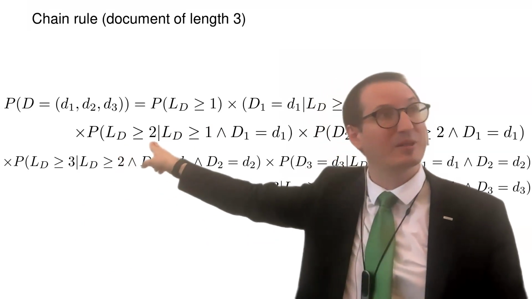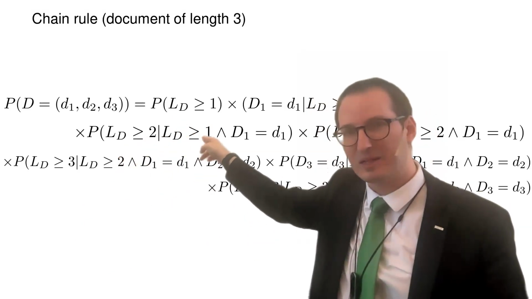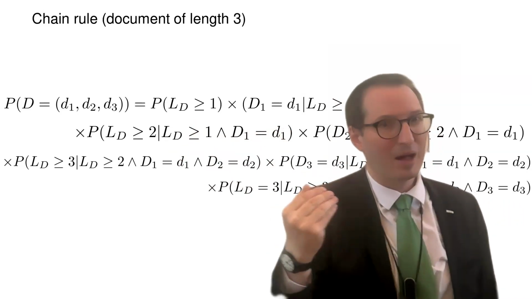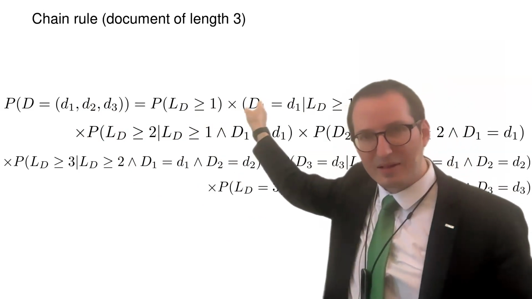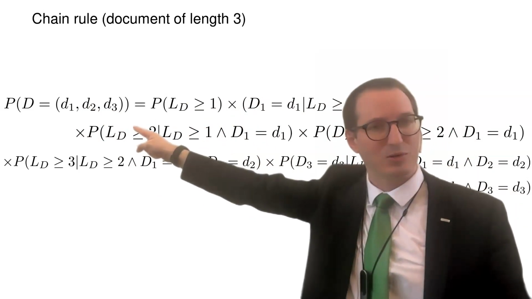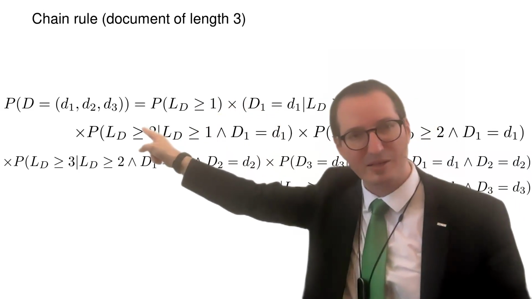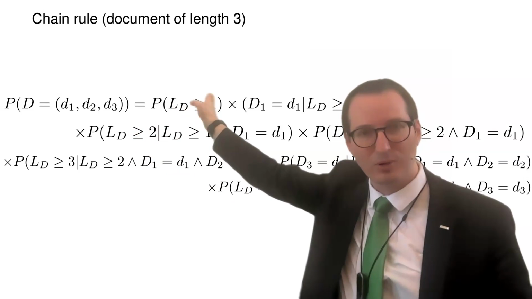It's that the length must be at least 2, conditioned on the fact that it was already at least 1 and the first word was D1. That's again my chain rule. So now if I take the conjunction of all of that, it's this and this and this, right? So it's the probability that the length is at least 1 and the first one is D1 and it's at least 2. And then of course, if you realize that this implies that, then you can drop that.